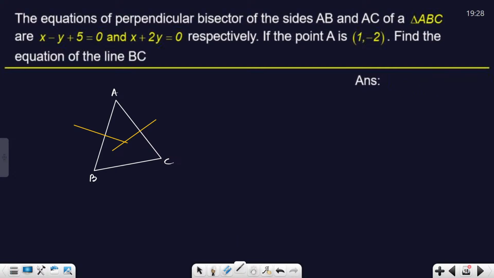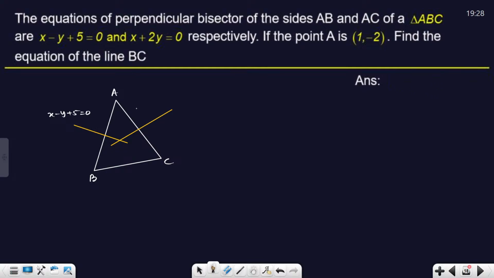The equations are given. What are the equations? The perpendicular bisector of AB has the equation x minus y plus 5 equals 0.